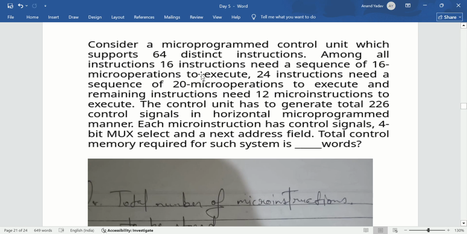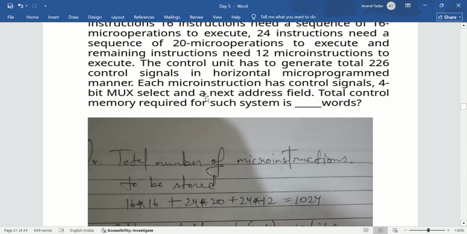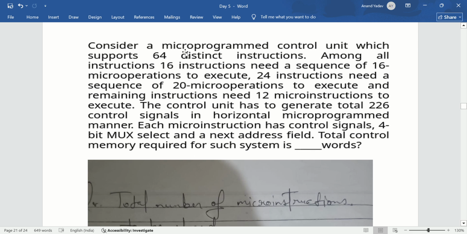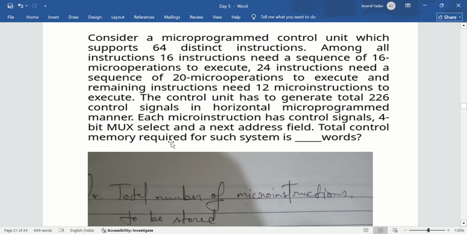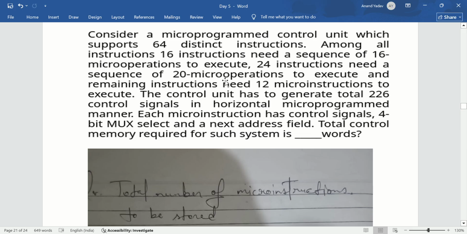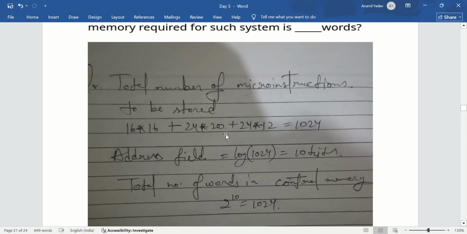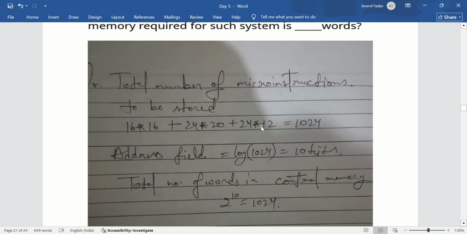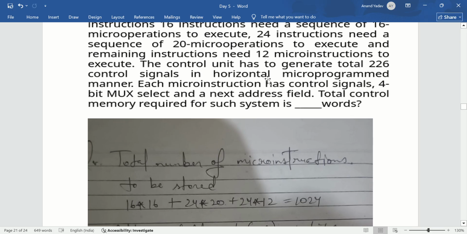So first I will find the total number of micro operations to be stored. 16 instructions need a sequence of 16 micro operations, so 16 times 16, and then 24 instructions need 20 micro operations, 24 times 20, and the remaining 24 times 12. In total I get 1024.